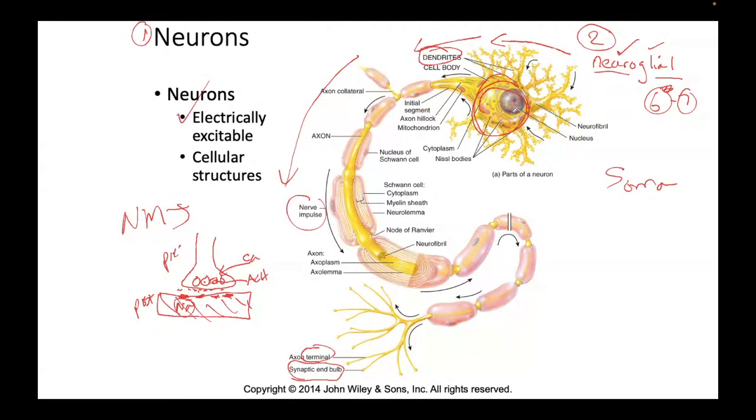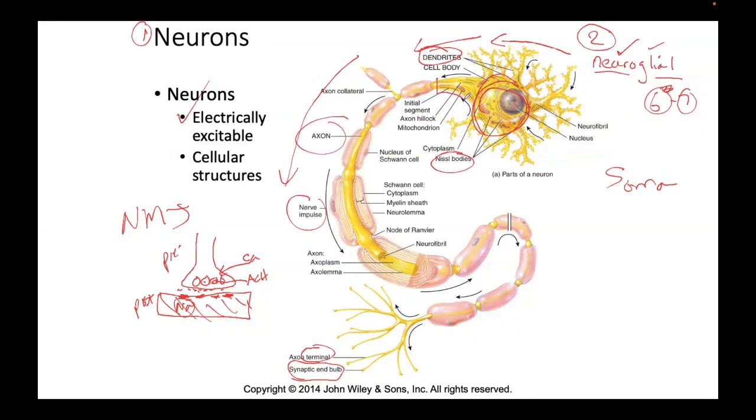So you got dendra or dendrites, you got the soma or cell body, where we have the nucleus, and you've got those nissl bodies, those small little circular buttons in there that have those neurotransmitters from the protein synthesis. And then we have the axon, which sends the message away in this direction.